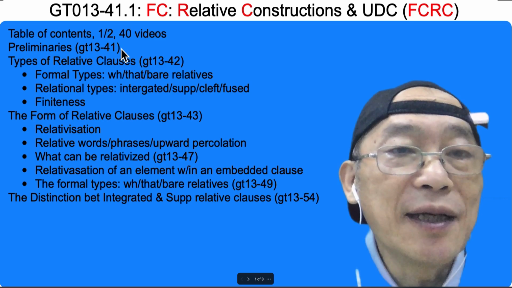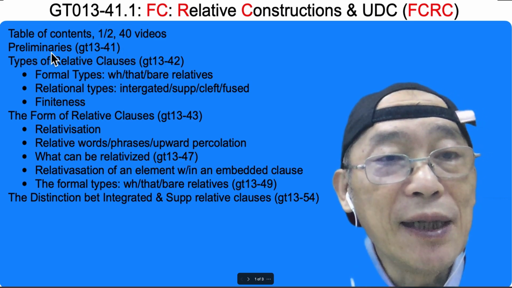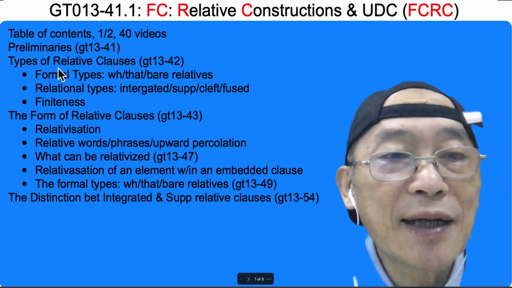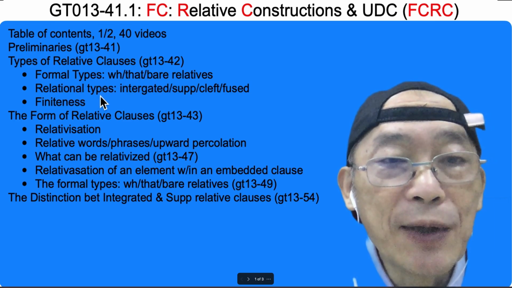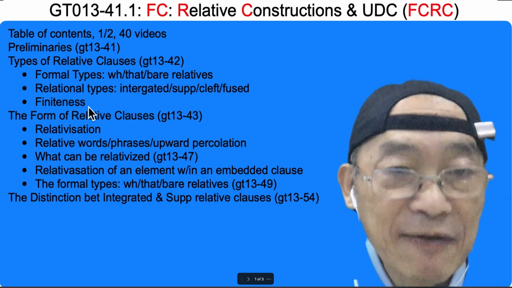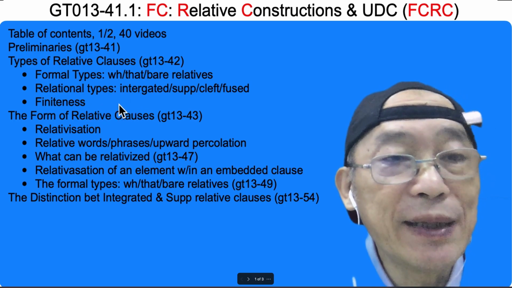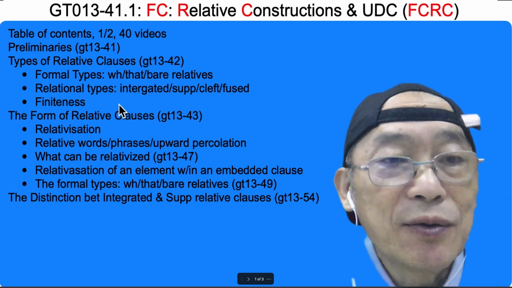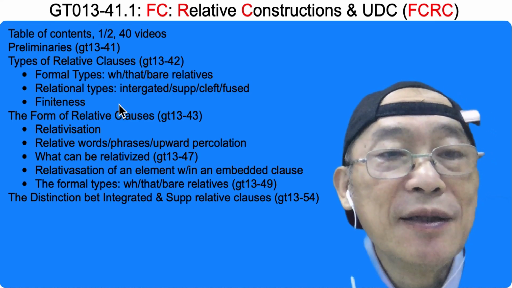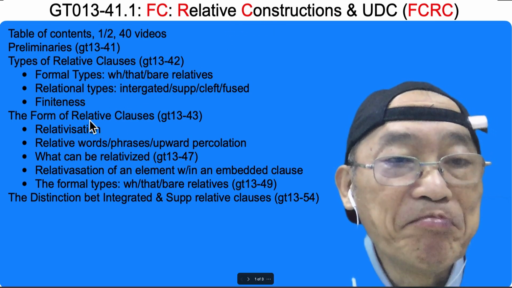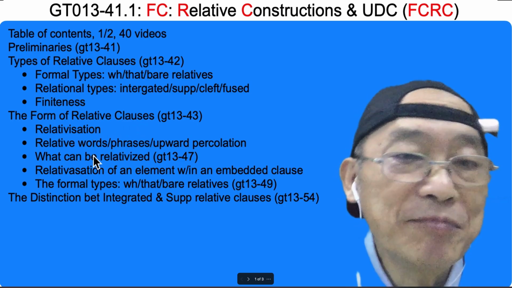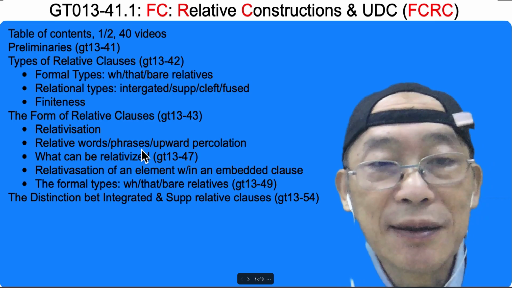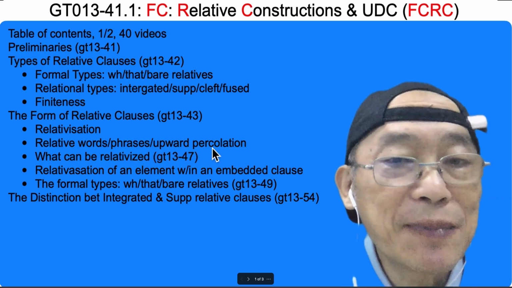This is the table of contents: preliminaries, and then types of relative clauses: formal types, relational types, and finiteness. There could be infinitives for the relative constructions too. Then the form of relative clauses: relativization, relative words and phrases, and upward percolation.